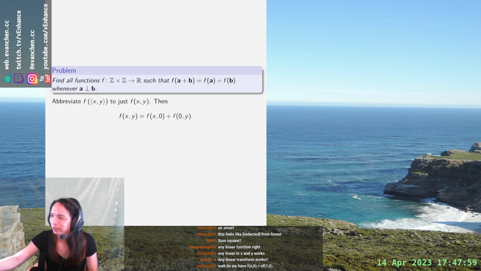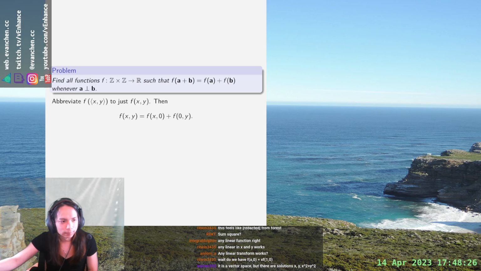I feel like perpendicularity is a really strong condition, right? Is x squared plus y squared a valid solution?